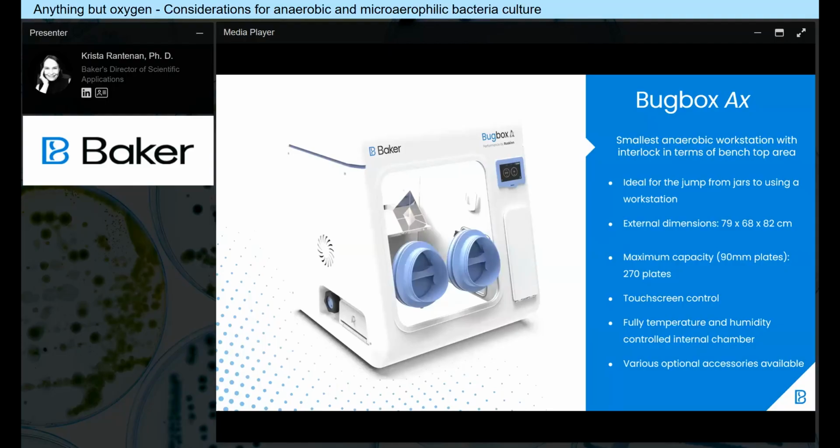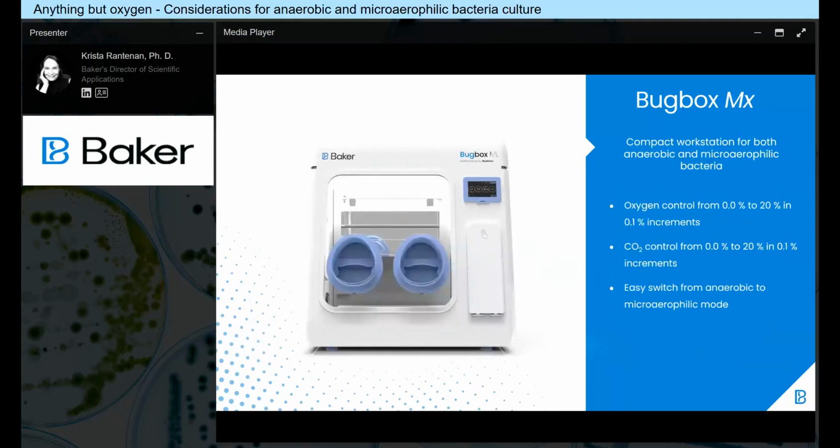On the next slide, we have the Bugbox MX. This is exactly a replica of the anaerobic AX, but this model is also capable of microaerophilic conditions, and it is easy to switch from anaerobic to microaerophilic mode.